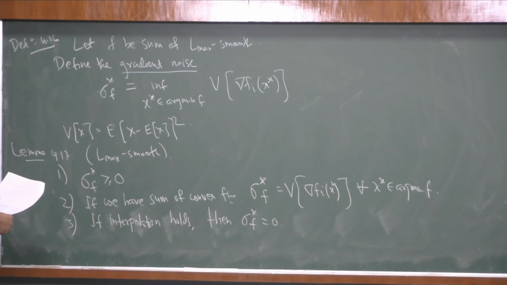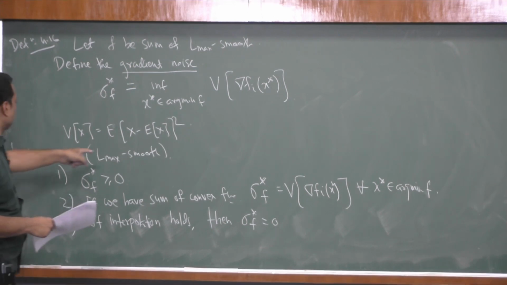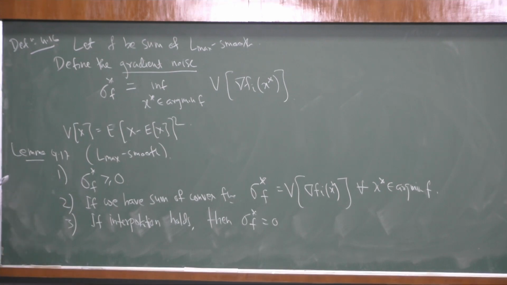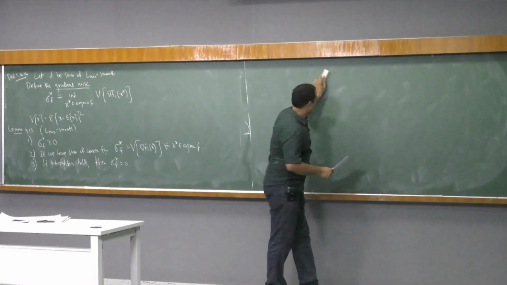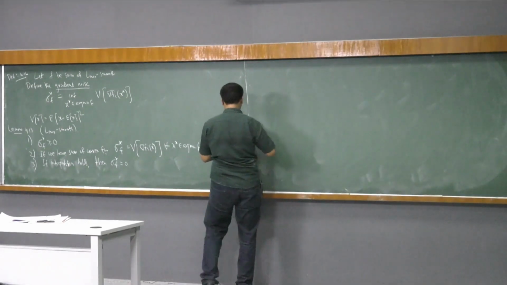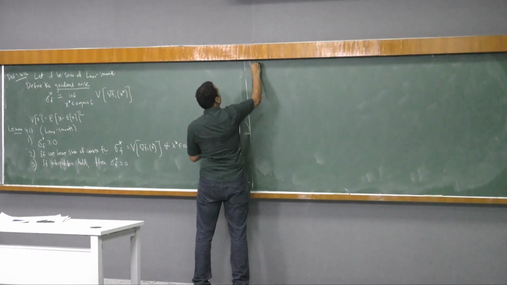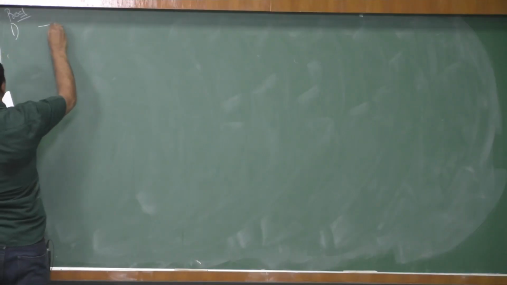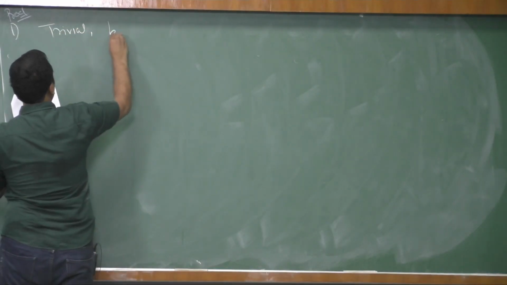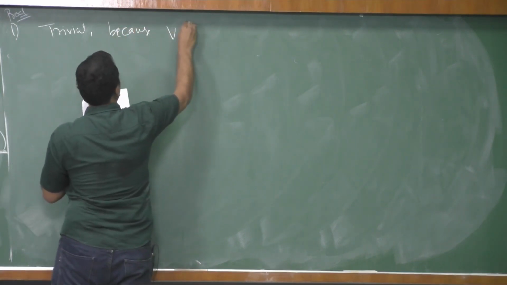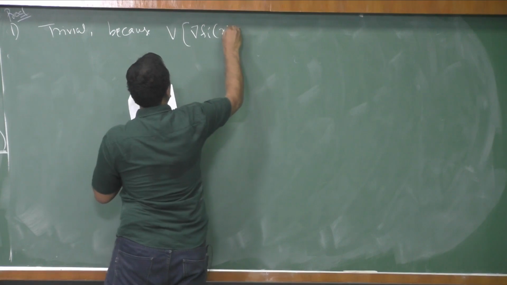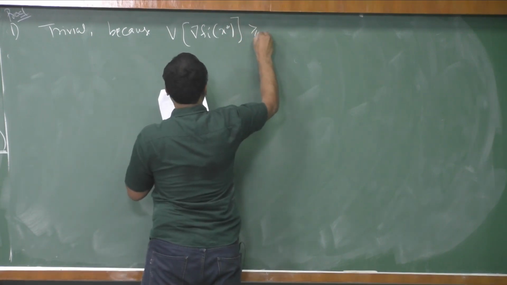So the first one is kind of trivial, because the way variance is defined, it's going to be non-negative. Okay, so that's fine. So the first one is trivial, because the variance of grad f_i at x star is non-negative.